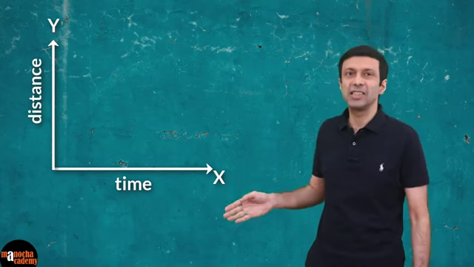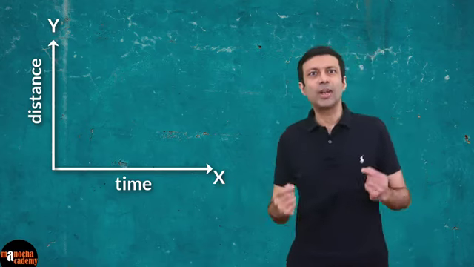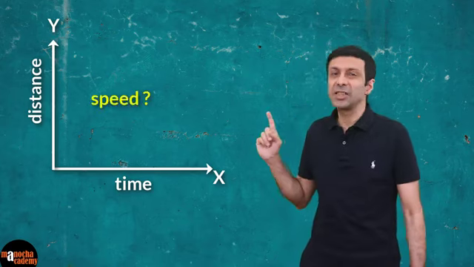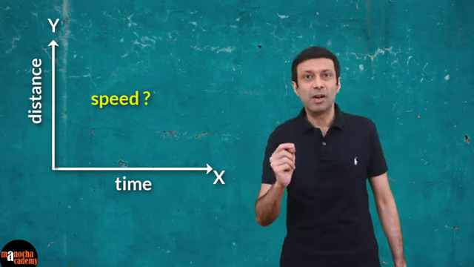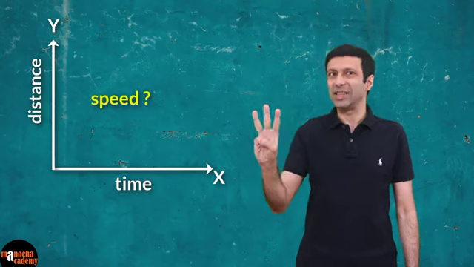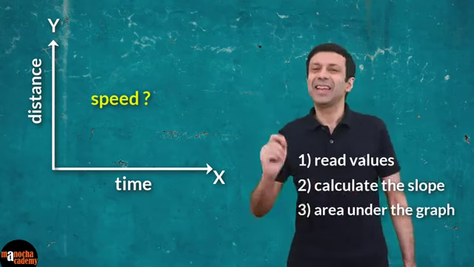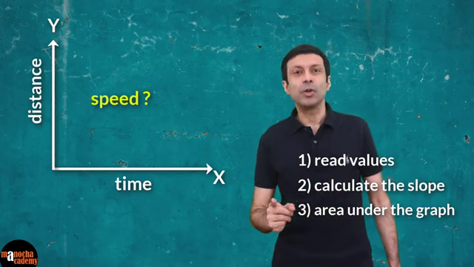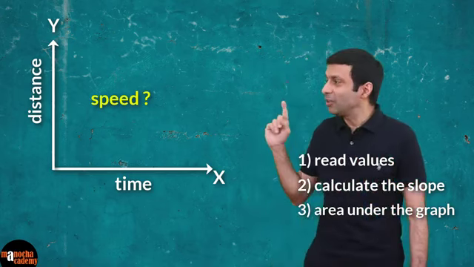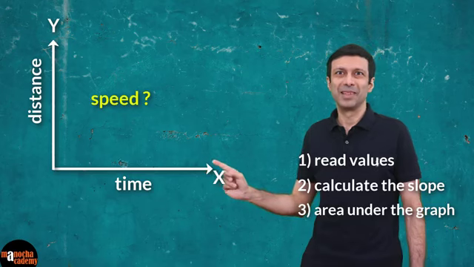If we have a distance time graph where time is along the x-axis and distance is along the y-axis, how can you calculate the speed of the body from this graph here? Remember, from a graph we can do three things: read values, calculate the slope and find the area under the graph. So what do you think is needed to find the speed from a distance time graph?